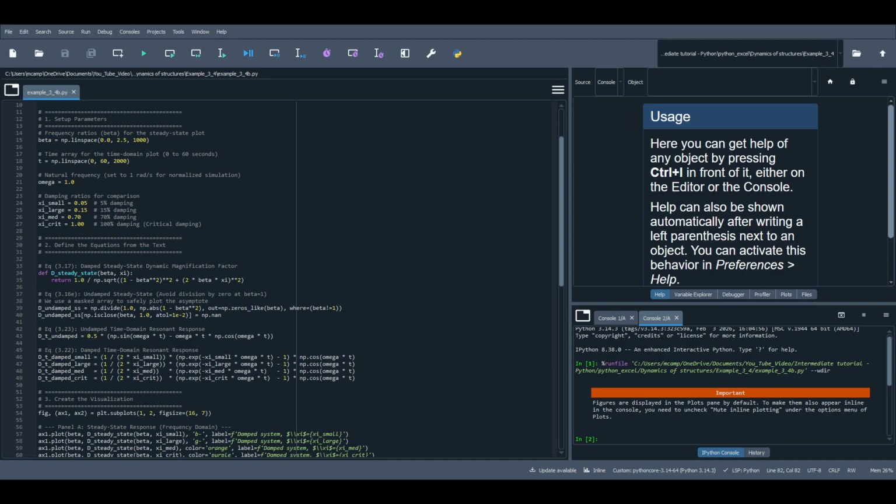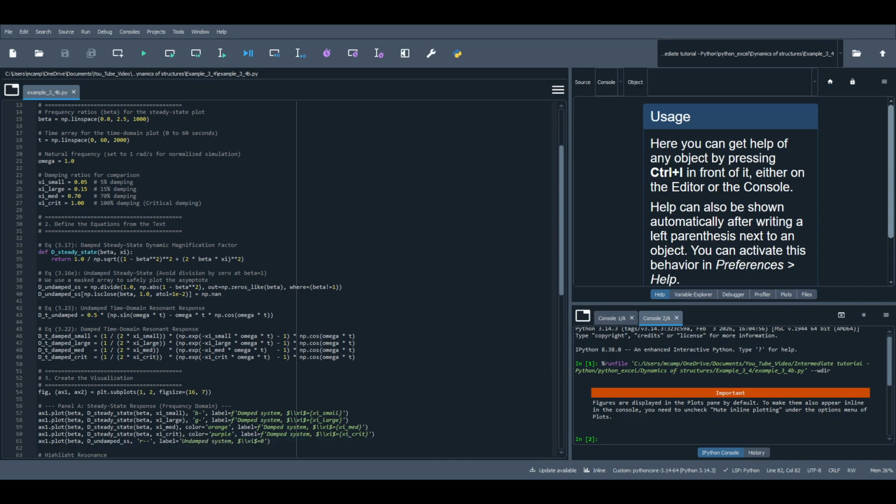We define the damping ratios for comparison. So there is xi small equal to 5% damping, large for 15% damping, medium for 70% damping, and critical for 100% damping.